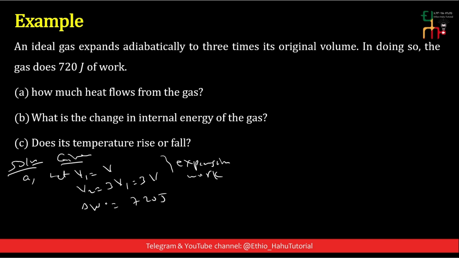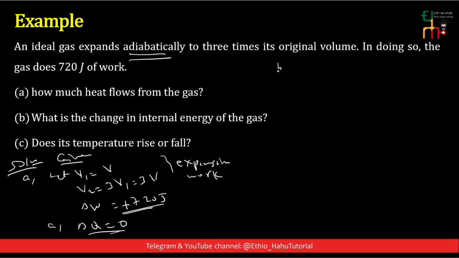Since it is expansion work, work is done by the system. From the sign convention, this is positive. How much heat flows from the gas? A, delta Q is 0 because the process is an adiabatic process. That's why delta Q is 0.